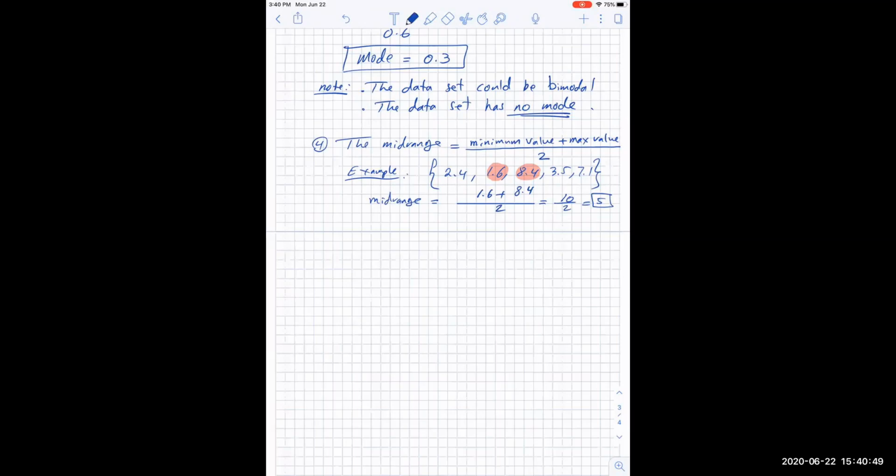Guys, now I'm going to show you how to use a calculator when you have a large sample data.